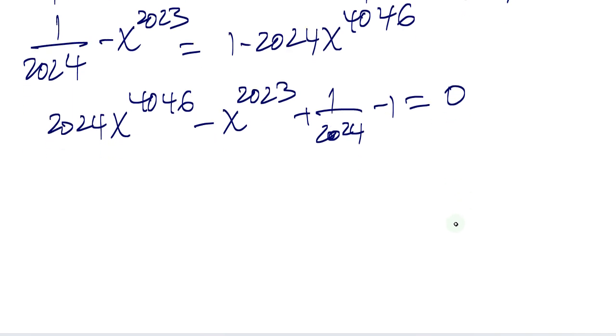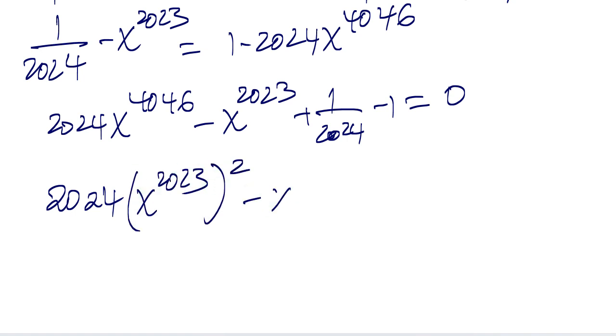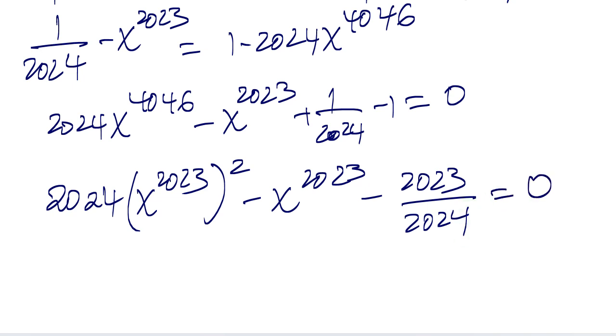So this then would be, simplifying some steps, 2024 x to the 2023 squared minus x to the 2023, and then this simplification will give us minus 2023 over 2024, and then this is equal 0.